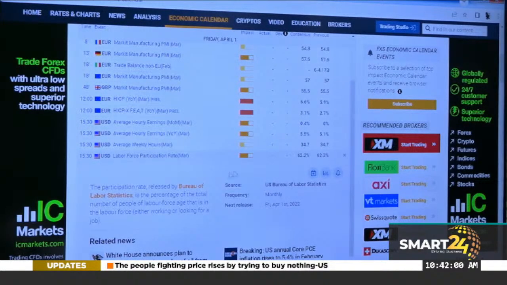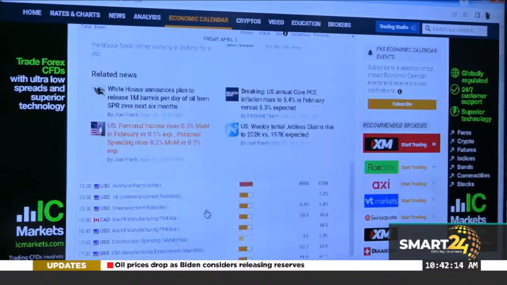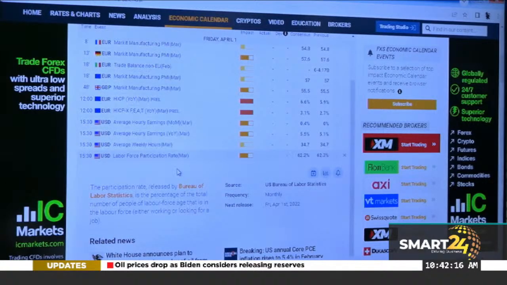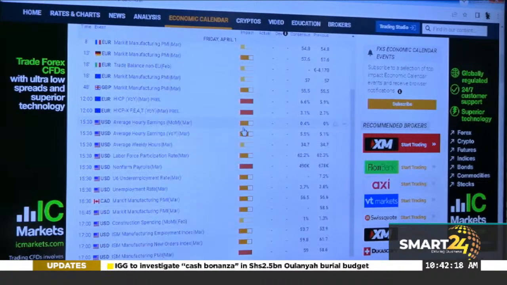The previous figure there is 62.3%, and it's expected to drop to 62.2%. So this one is quite negative. So we have 2 positive events, 1 neutral and 1 negative.